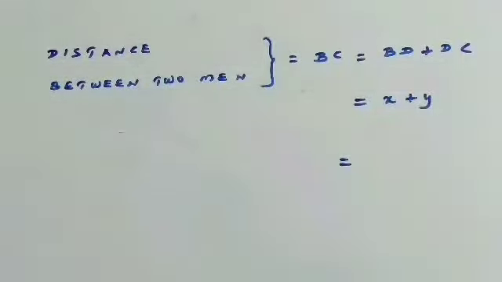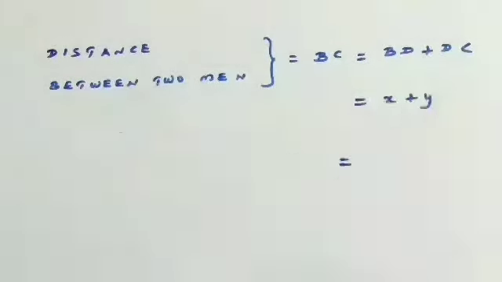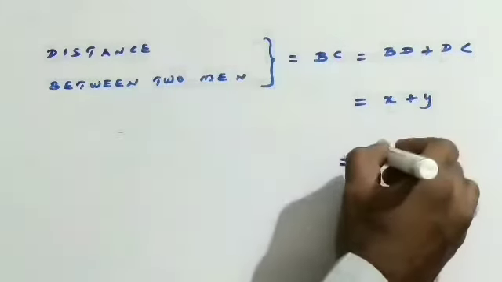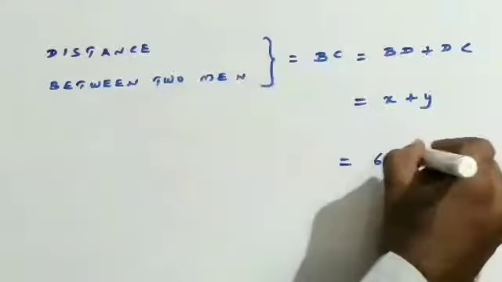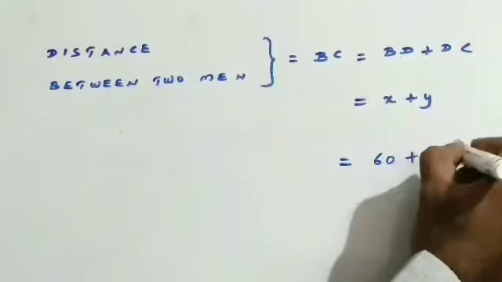Now we need the distance BC, that is the distance between the two men. BC is equivalent to BD plus DC. We know that BD is x and DC is y. So for BD put x and for DC put y. We know that the value of x is 60. So 60 plus, for y, 60 by root 3.